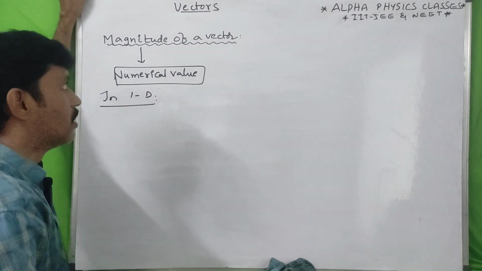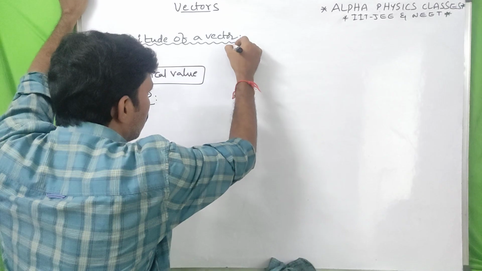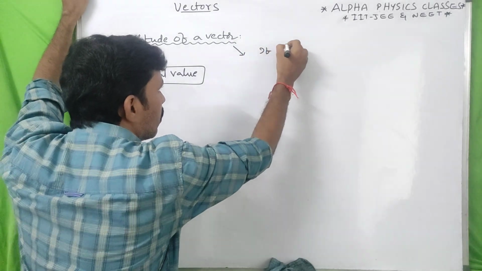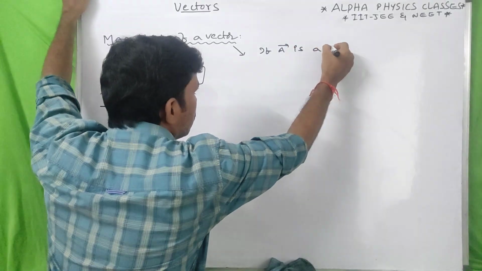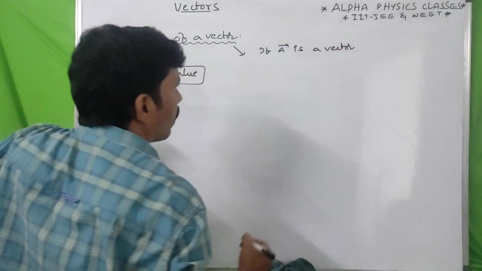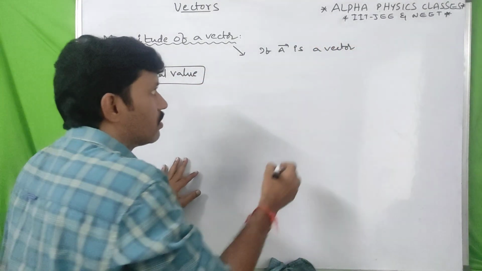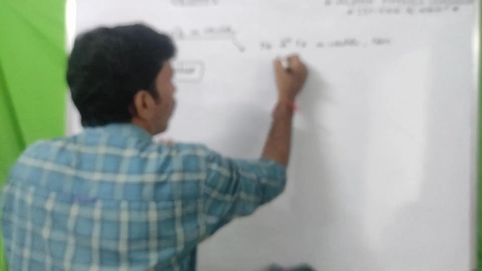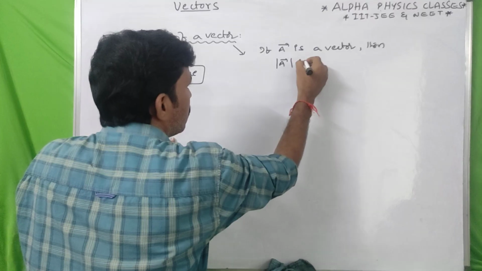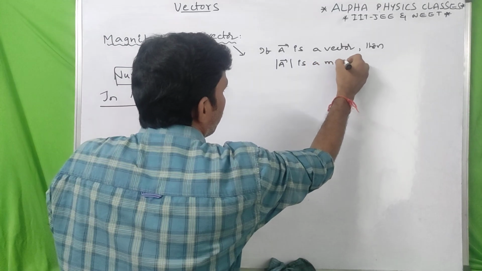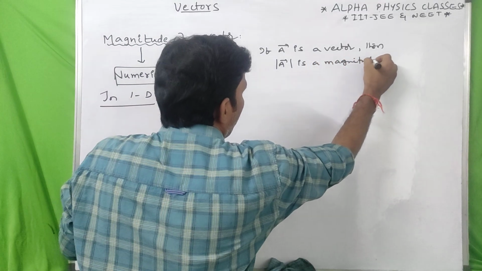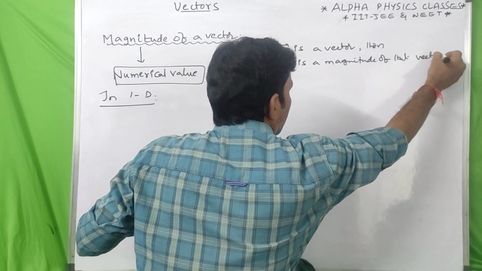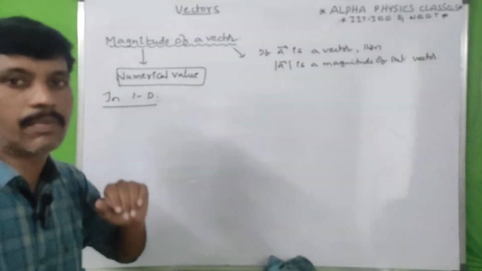Magnitude of a vector is denoted by, for example, if a bar is a vector quantity, then modulus a bar is the magnitude of that vector. So this is the representation of the magnitude.